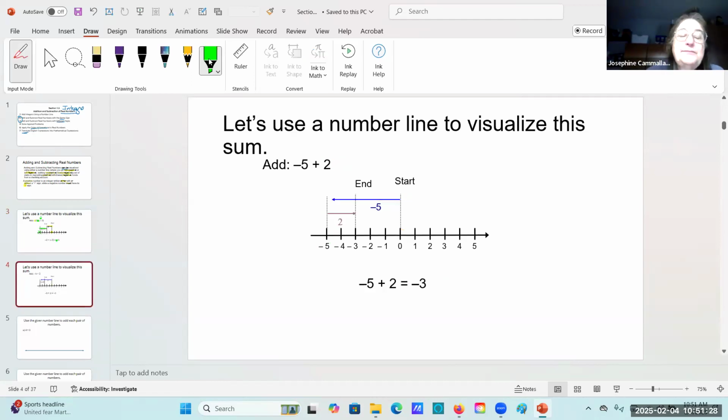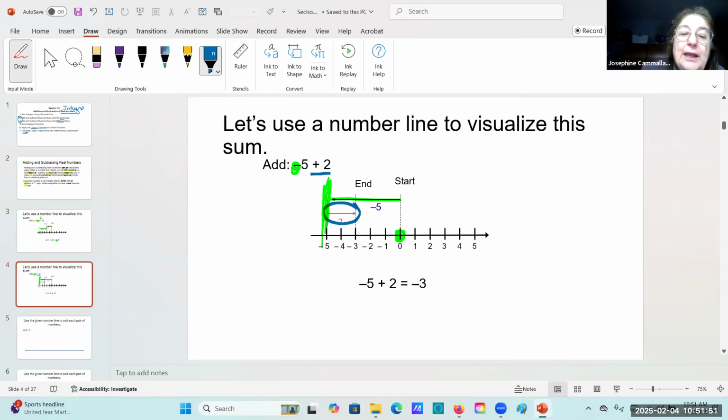Now, here's one. We have a -5. Okay, we start with 0. We are going all the way to this line. That's -5. But the second number goes right 2.